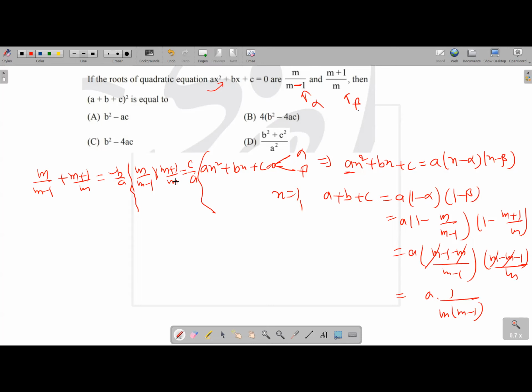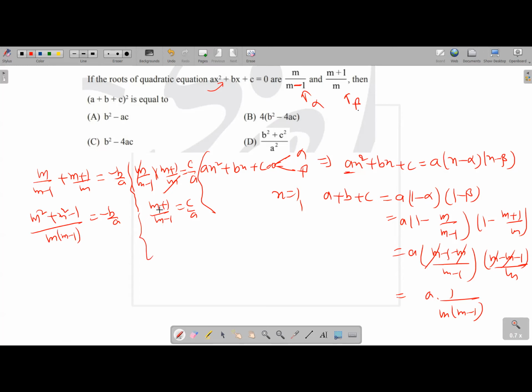Okay, now here you can see this gone. So (m plus 1) upon (m minus 1) is c by a. And here if you take LCM, you will get (m squared plus m squared minus 1) upon m into (m minus 1). You will get stuck over here. Okay, fine.